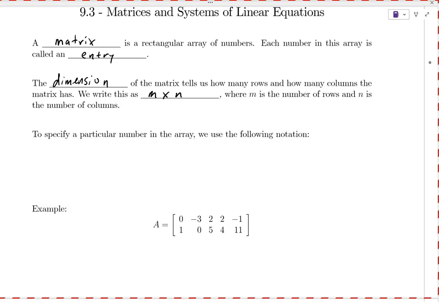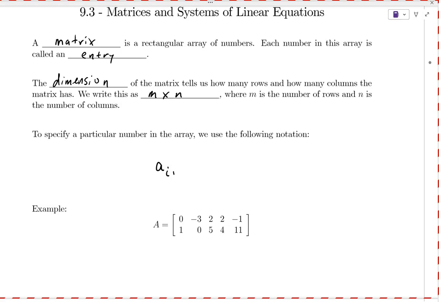Sometimes in a matrix, we want to refer to a specific entry in there. So we use a subscript notation to do that. We typically will use a capital letter to refer to a matrix. So then whatever the corresponding lowercase letter is, we'll use to denote each entry. When we want to denote each entry, we use 2 subscripts.